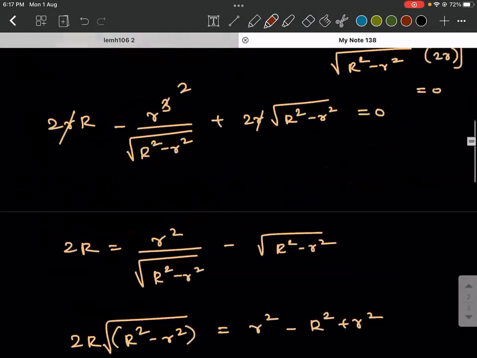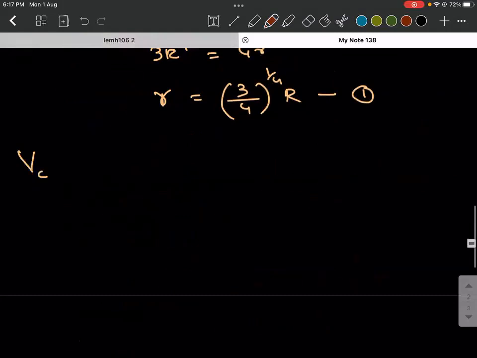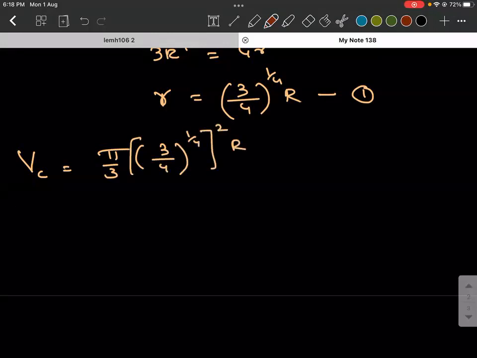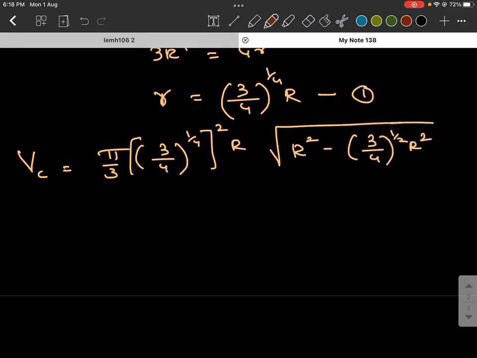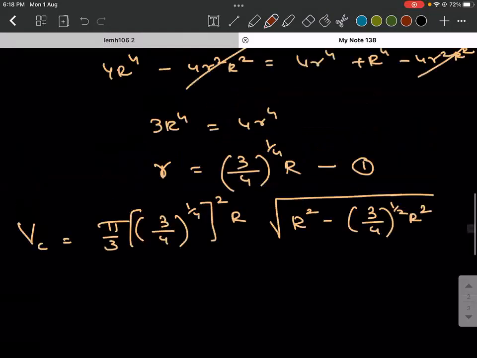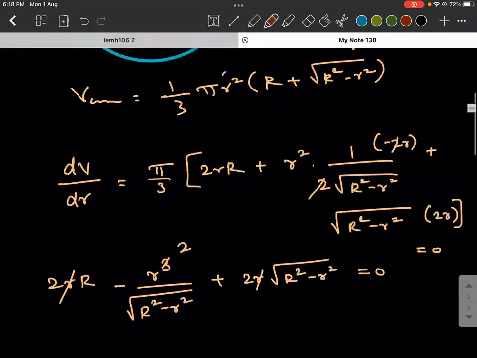So 1 by 3 pi r square h into, a square root within a square root. One minute. So there is no mistake, no?